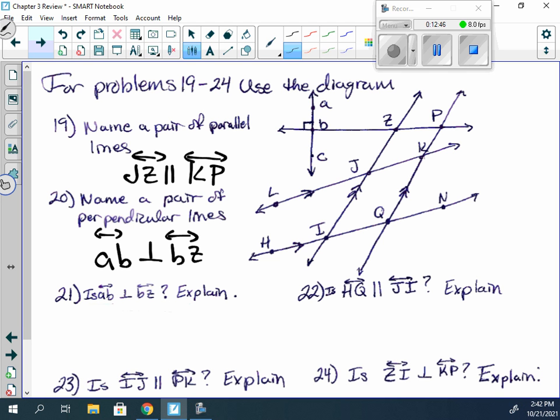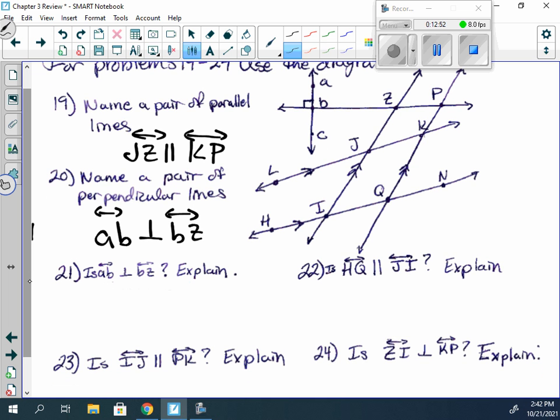Guys, questions on this here? Perpendicular means they intersect at a right angle. And at point B, we do have the right angle marker, so we do know that they intersect at a right angle. Any other questions on this here?